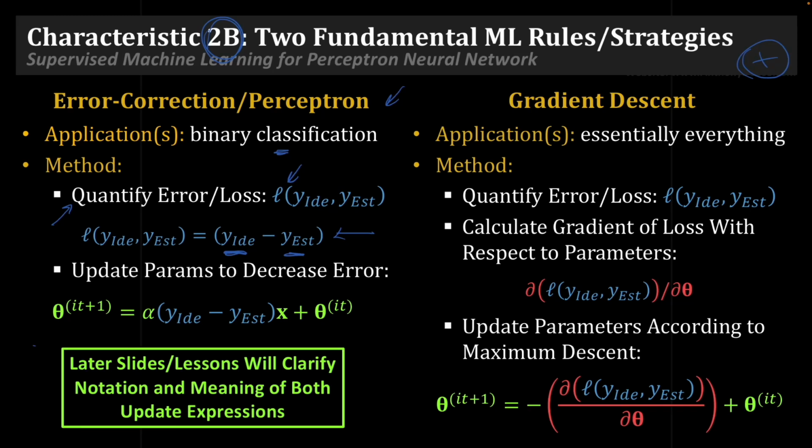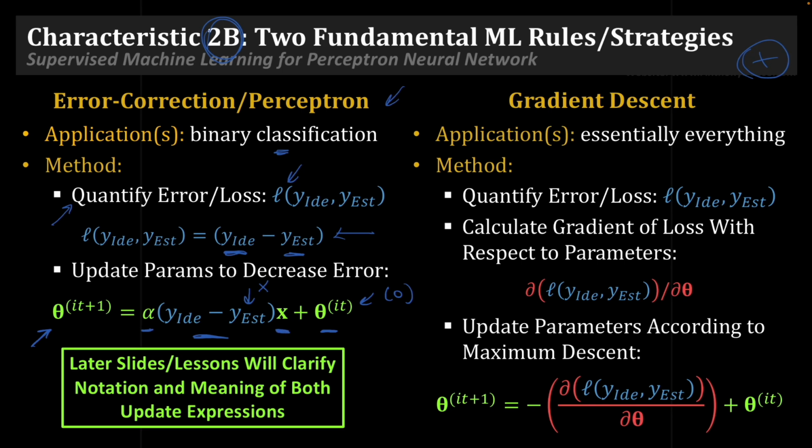And then this expression here allows us to update the parameters from iteration to iteration. So we start off with an initial condition for iteration 0. We then quantify the difference between the ideal and the estimated solutions for that iteration using a training data sample. We multiply that by the inputs as well as alpha.